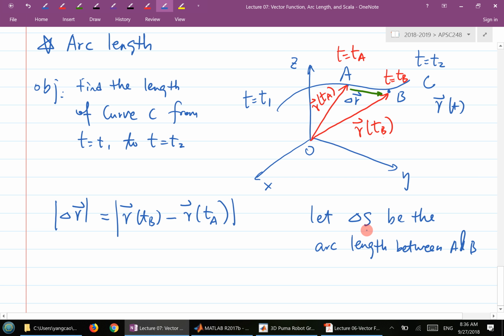It is approximately equal to delta R. Exactly.